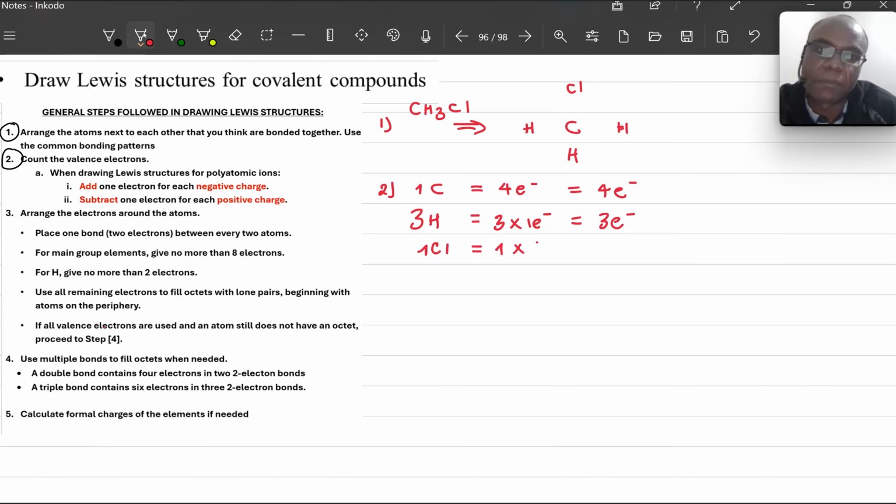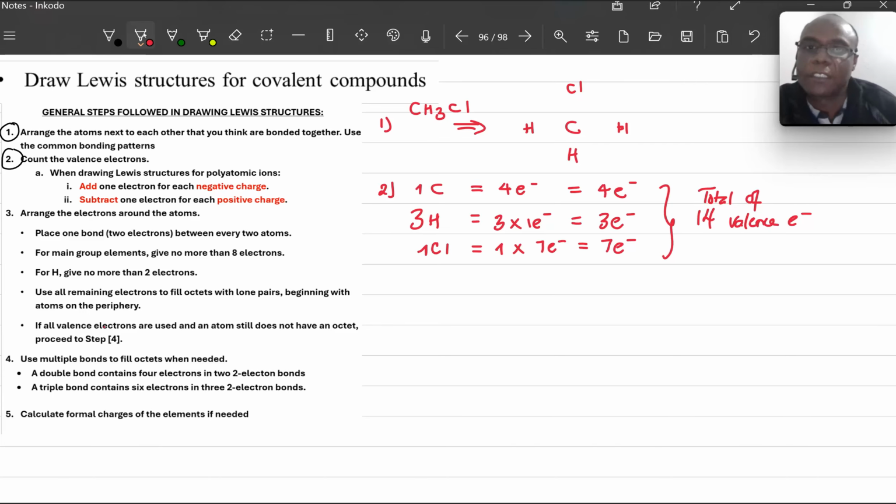Each chlorine is going to bring 7 valence electrons because it's in main group 7. Now if I add all these up, I have a total of 14 valence electrons. Those valence electrons are the ones we're going to use to make bonds.